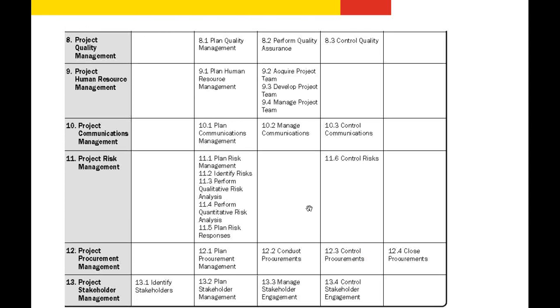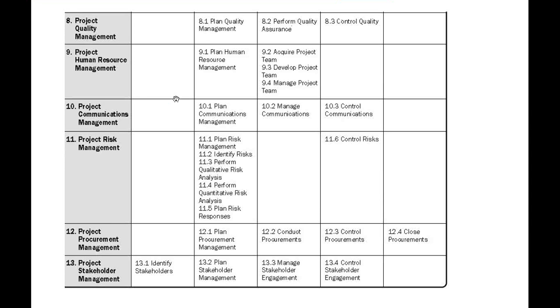On the quality side, we have plan quality management, perform quality assurance, control quality. And human resource: plan human resource management, acquire the project team, develop the project team, manage the project team. Then further, plan communications management, manage communications, control communications. Risk management: plan risk management, identify risks, perform qualitative risk analysis, then quantitative risk analysis, plan risk responses, and then finally control risks.